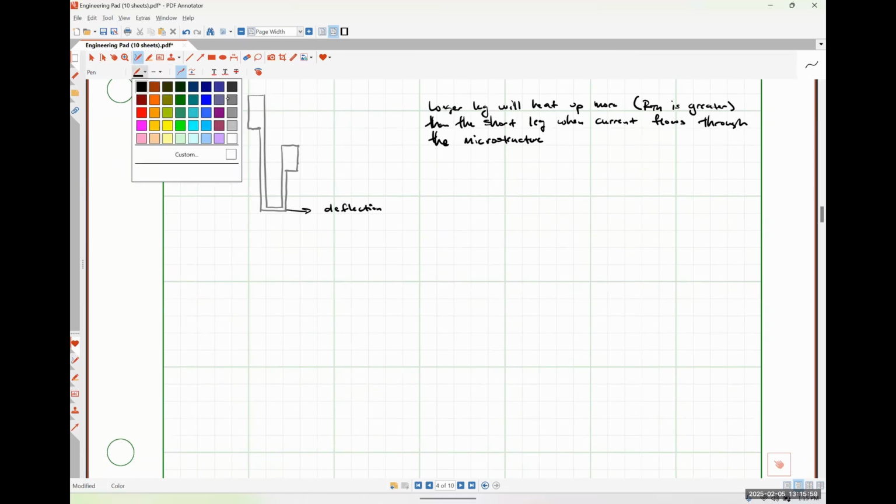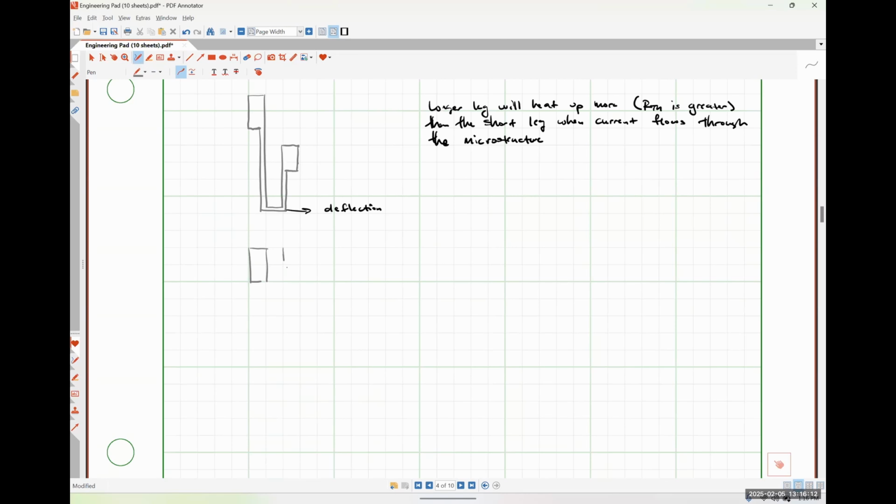A different methodology for having something like this would be to once again have two legs. Now the legs are going to have the same length, but they're going to have different cross-sectional areas.